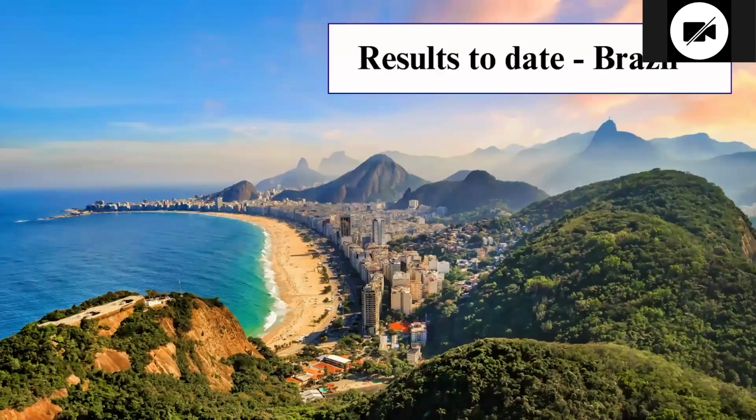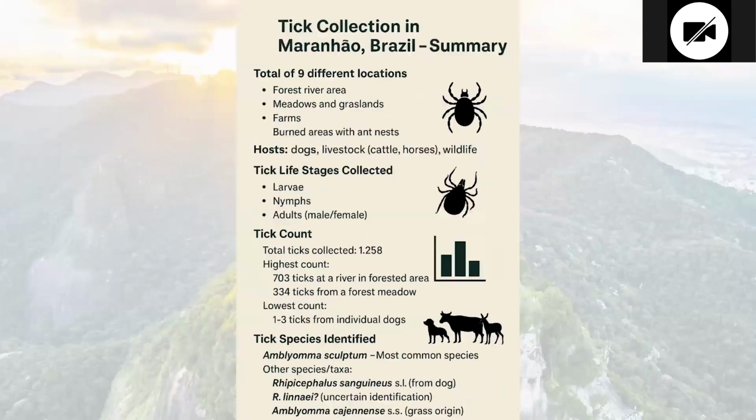We also conducted studies in Brazil, but we are still studying these ticks. We collected ticks in Maranhão, in nine different locations: forest river areas, meadows and grasslands, farms, and burn areas with ant nests.